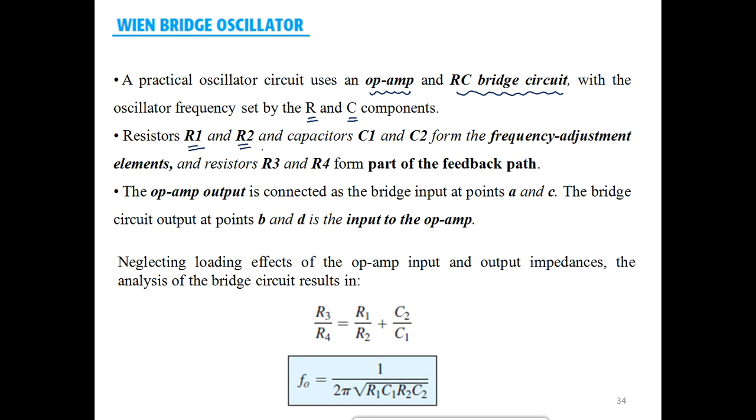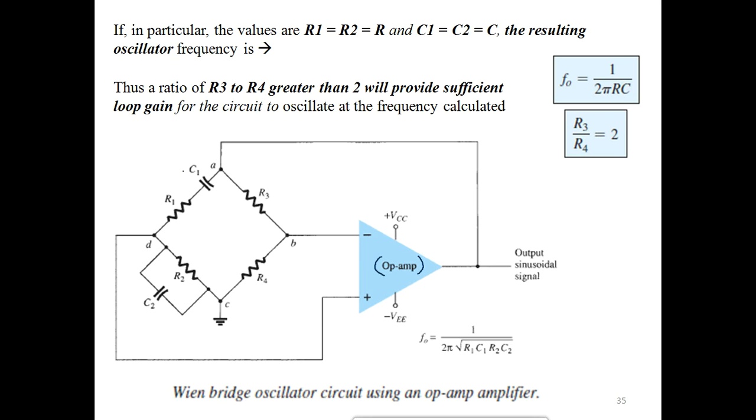Resistors R1 and R2 and capacitors C1 and C2 form the frequency adjustment elements. The frequency adjustment is made by the combination of R1 and C1. Here they are in series, and this combination is in parallel.